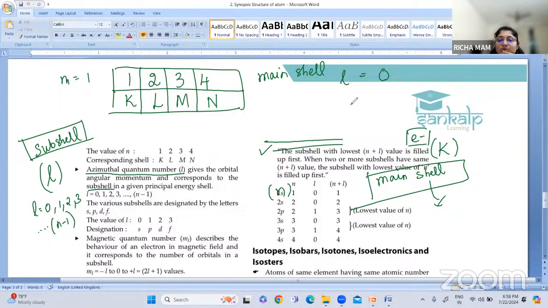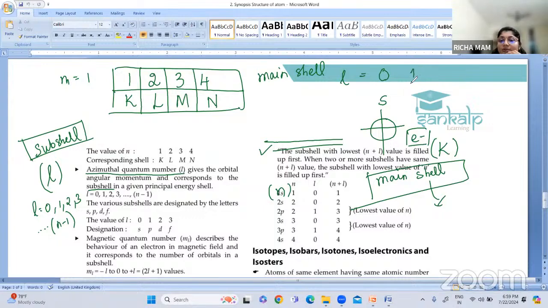If the azimuthal quantum number l equals 0, it is represented as the s subshell. What is the shape? It is spherical in shape. We know that s is spherical.